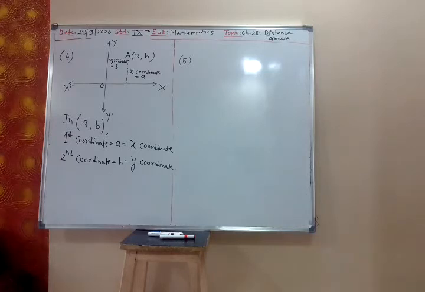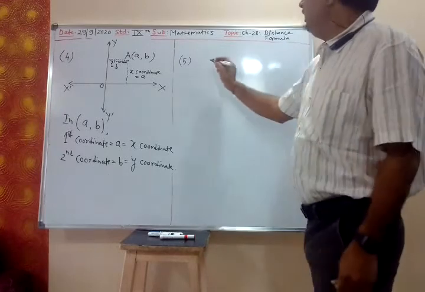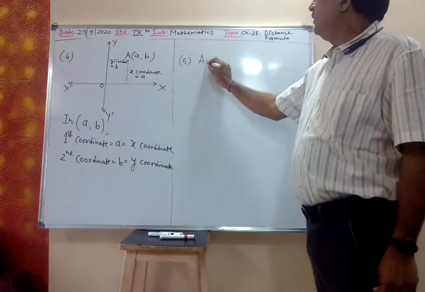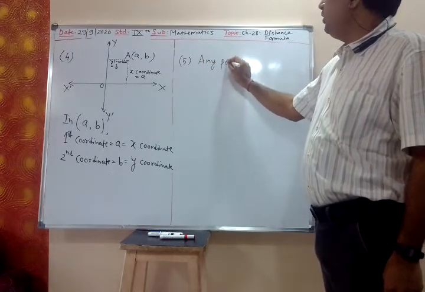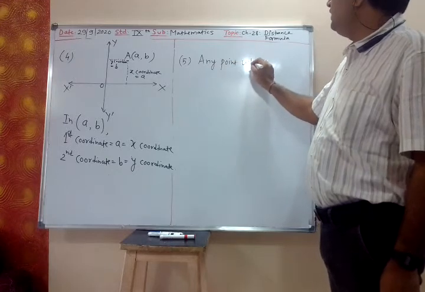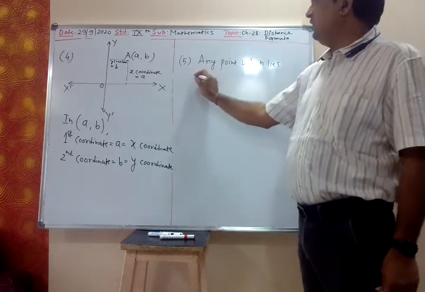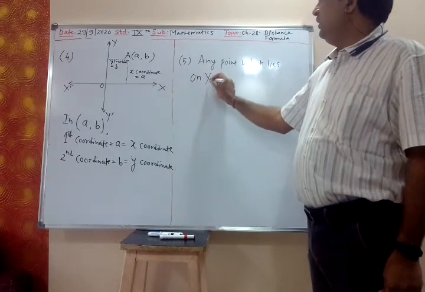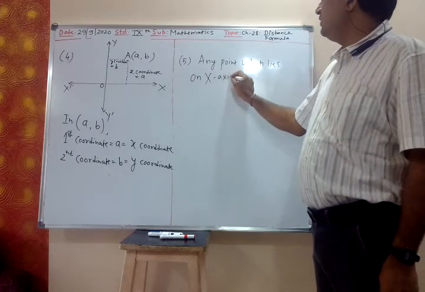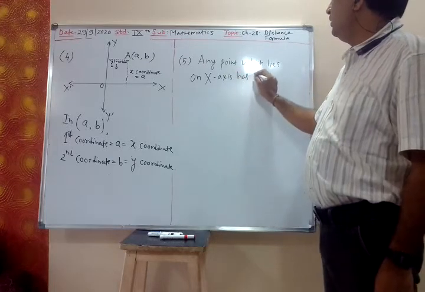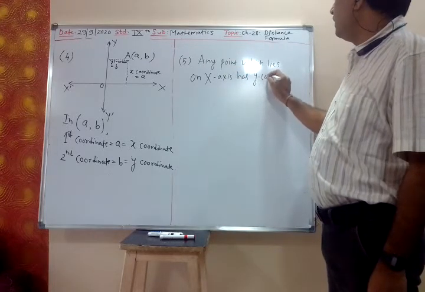Now write the fifth point. This is the important part: any point which lies on x-axis has y coordinate 0.